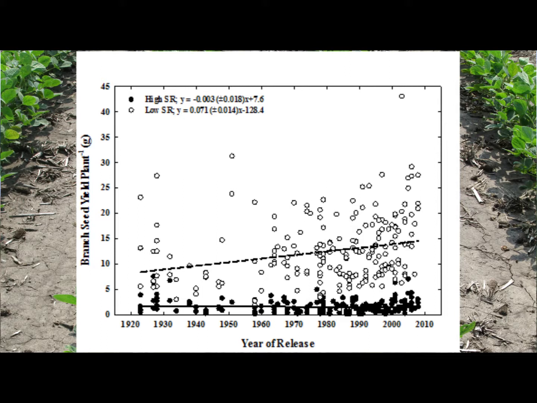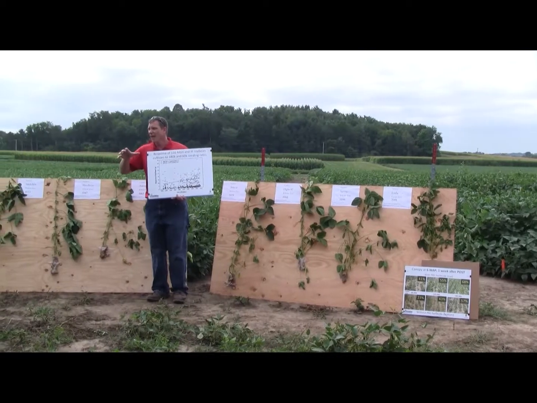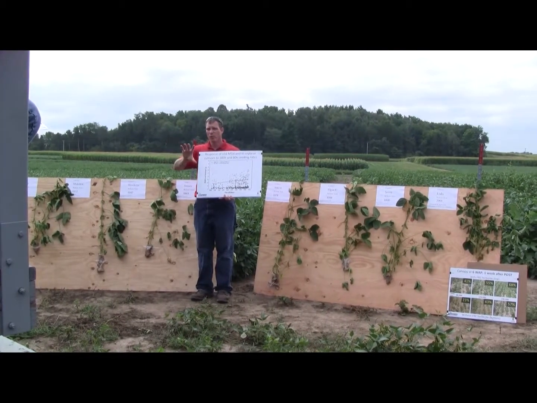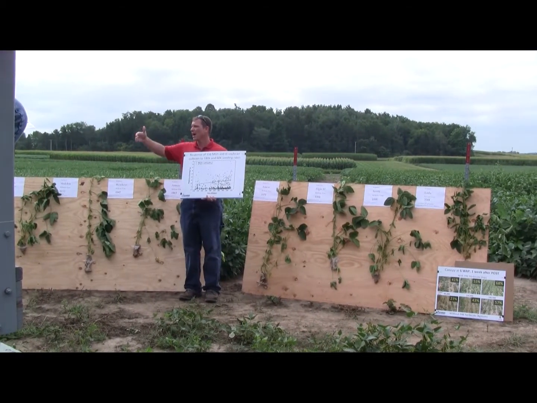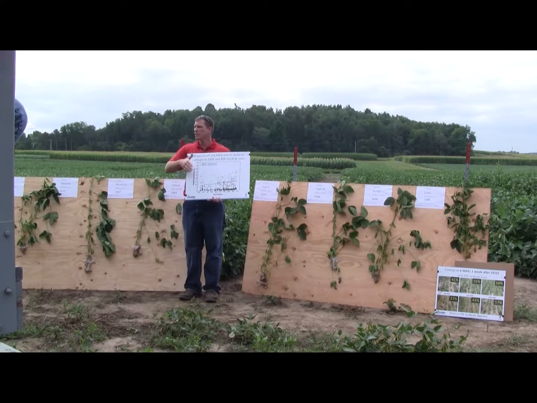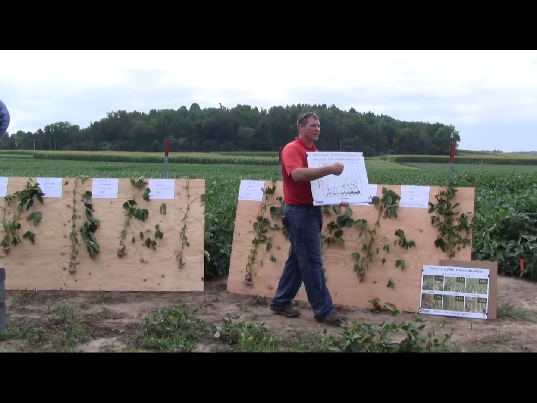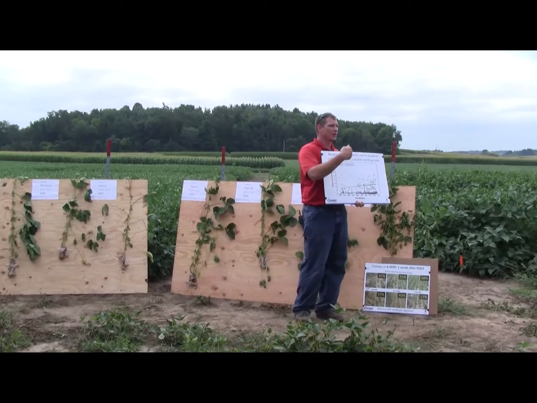Where the ability to produce on branches under the low seeding rate increased at 0.07 grams per plant over time. So we still have higher yields under full canopies today, and we do have higher yield today than we used to have, but the penalty for low densities has been drastically reduced.